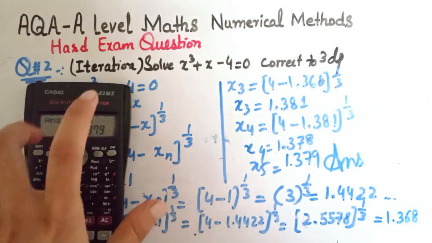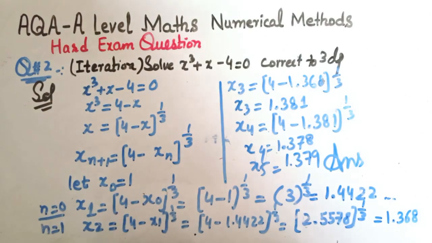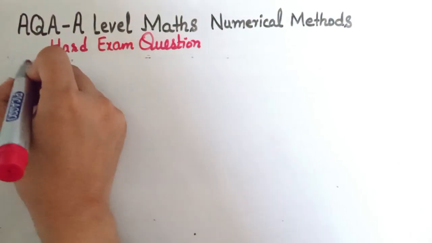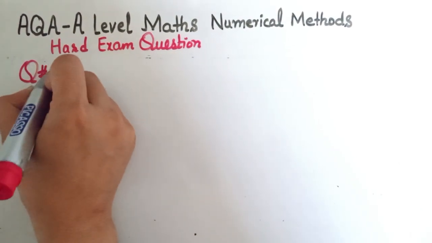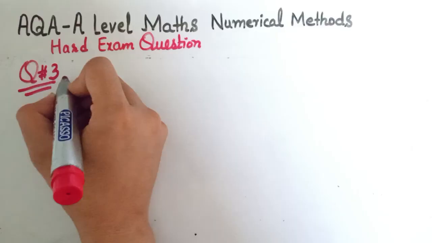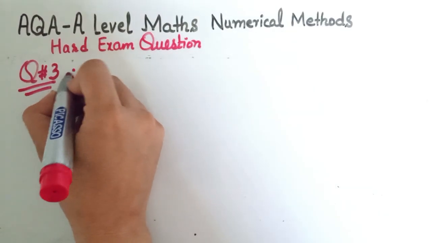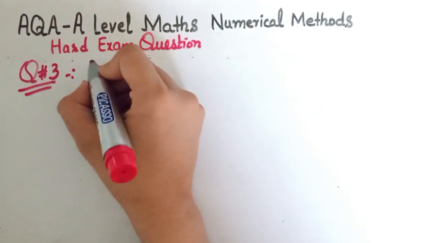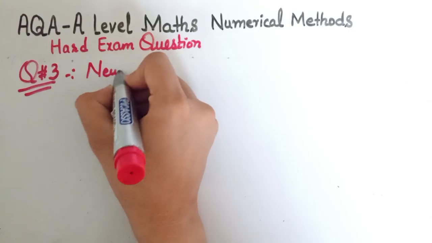Now this is the question we have done by the iteration method. Now there is question number 3, that will be solved by finding the roots, for which we will apply the Newton-Raphson method. So we will write question number 3 here: apply the Newton-Raphson method on this.